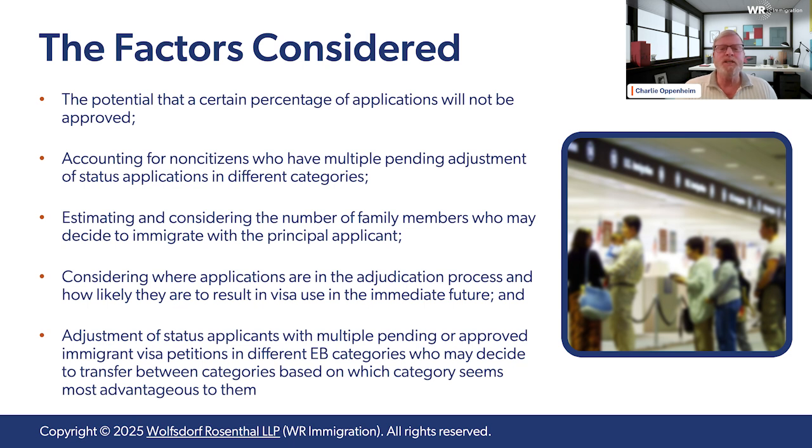USCIS cases are identified by A numbers. So they would say we have 5 Indian third preference applicants, and give the A number. That A number is sitting in the State Department's database.